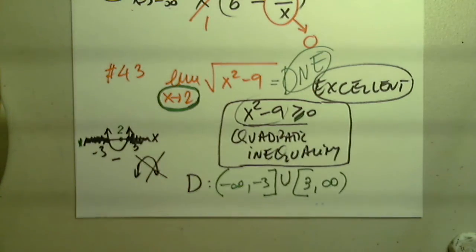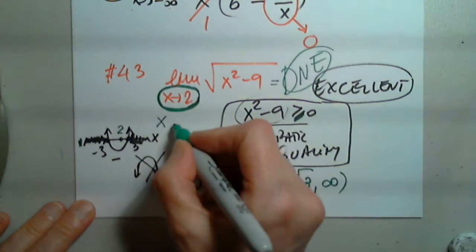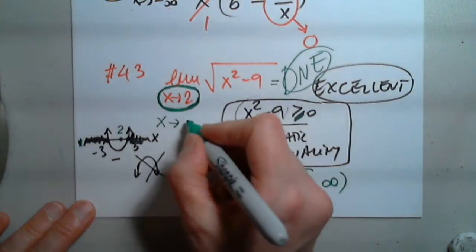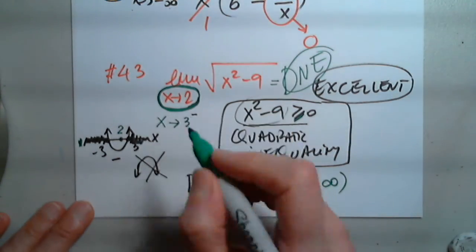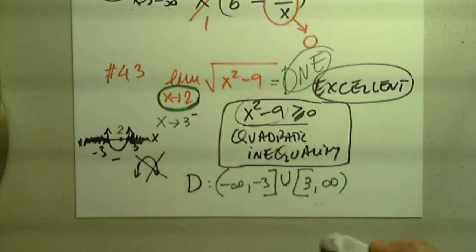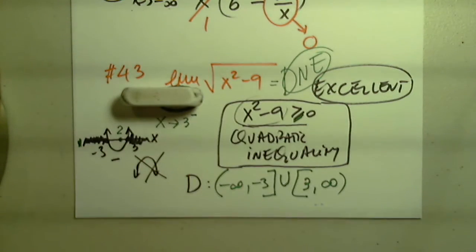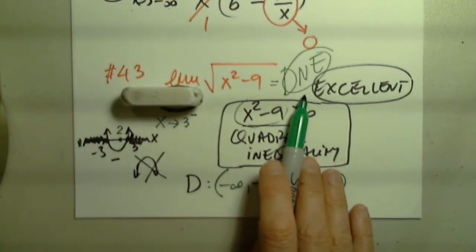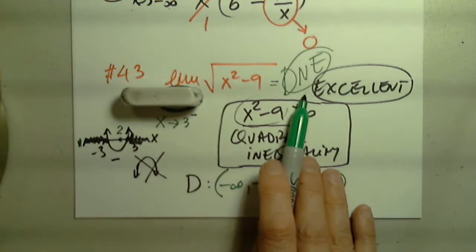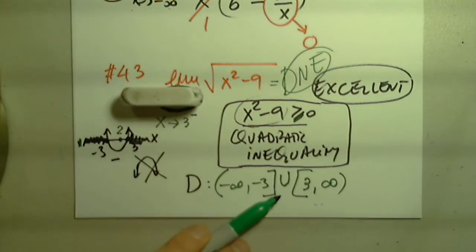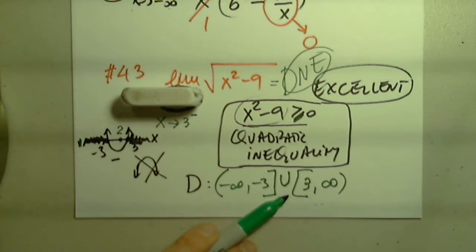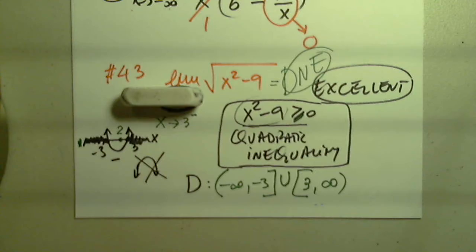Why? Here's the reason why. What if I say here 3 from the left? Let's say I don't want x approaches 2. I want x approaches 3 from the left. And you don't have the domain. And you plug it in, you will get 0. But it's D and E. Because it's 3 from the left, the function doesn't exist.